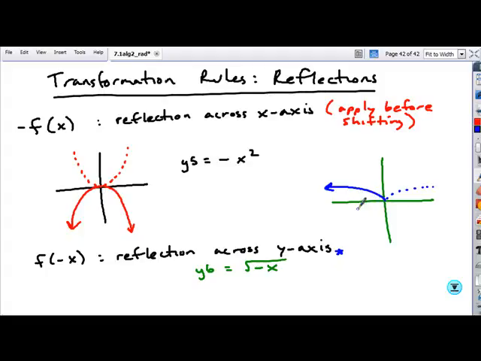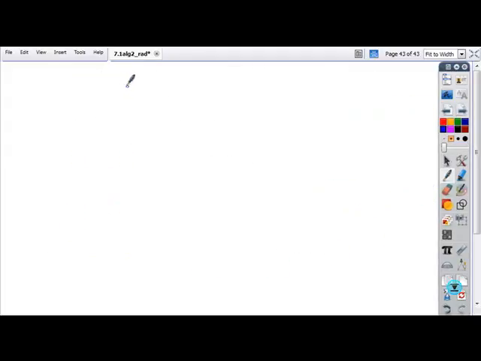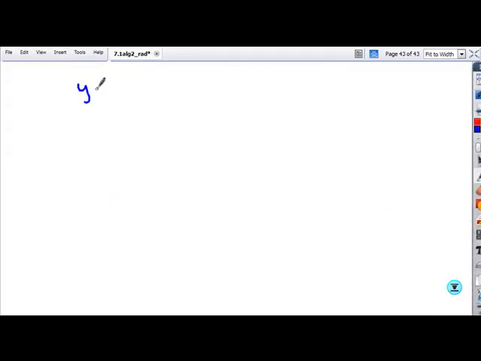Okay, so what I'm going to do in the next is go through some examples where there are all of the different kinds, the shifting and the reflecting. Okay, so let's take a look at how this works. All right.